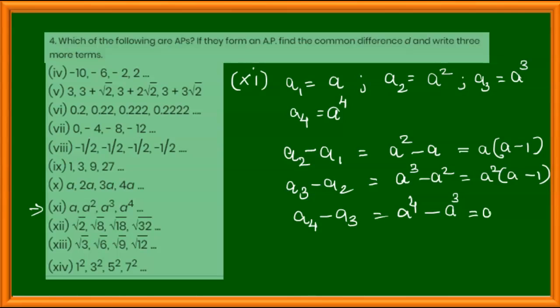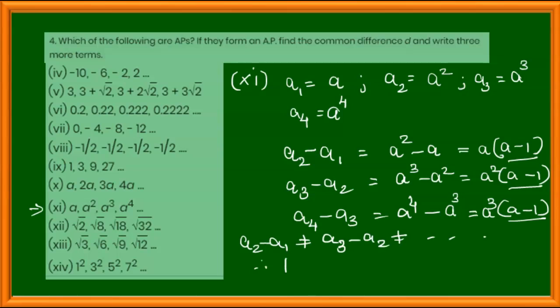Then the same with A cube, if we take it out here also you will get A minus 1, but A square, A cube is going, is it? So that means these are not equal. A2 minus A1 is not equal to A3 minus A2, and so on. Therefore, it is not an AP.